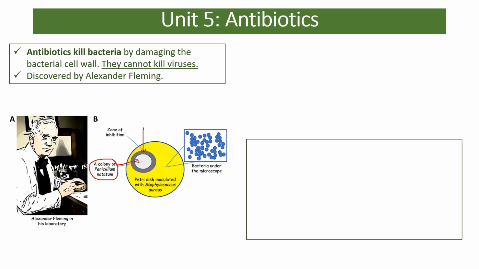So there'll be an area where bacteria cannot grow, and he realised that must mean that this chemical, penicillin, killed the bacteria. Then we started producing these in the Second World War, and it's been used a huge amount in the last 50 years.